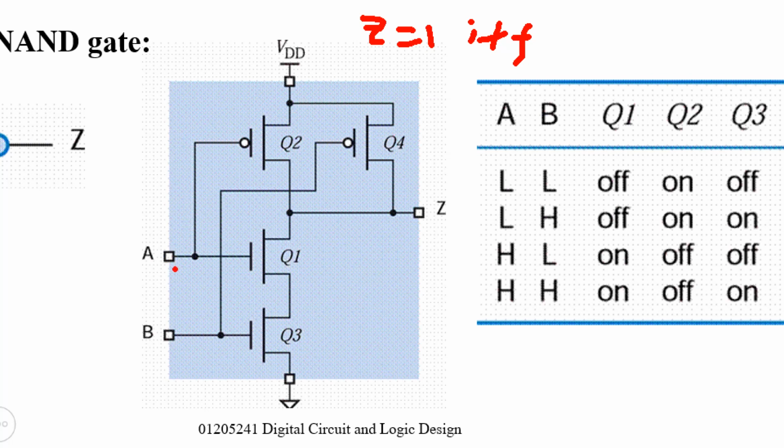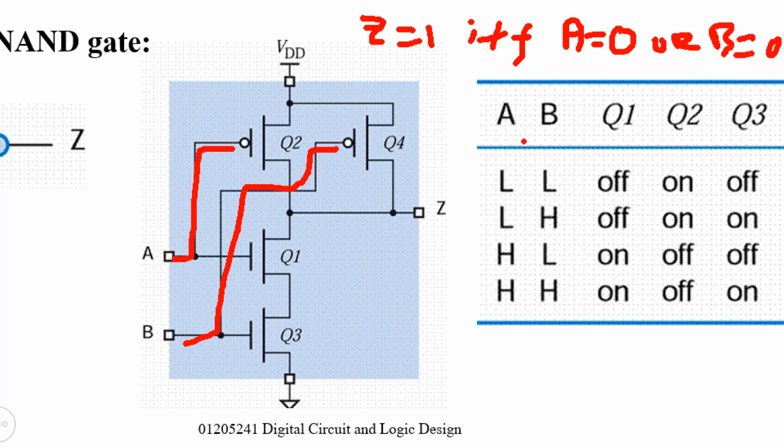That means A is 0 or B is 0, right? So you can write the expression as A prime plus B prime. Then finish. This is the function of this circuit.